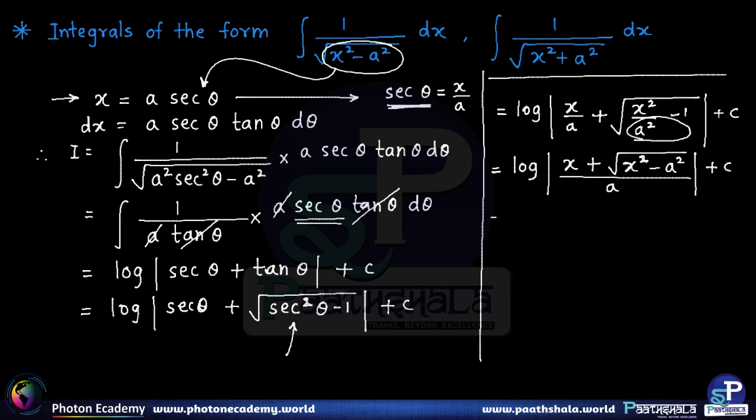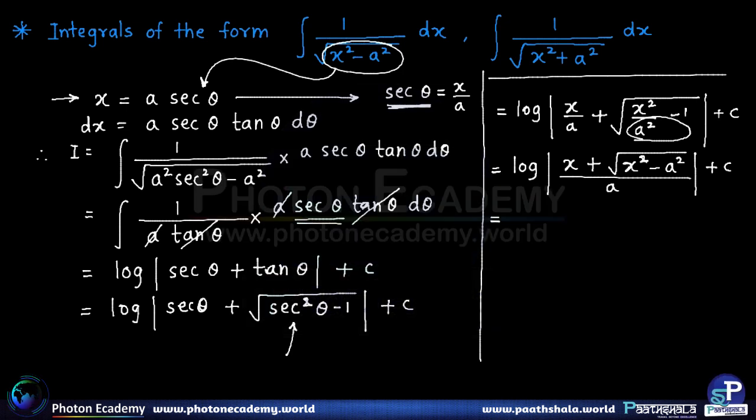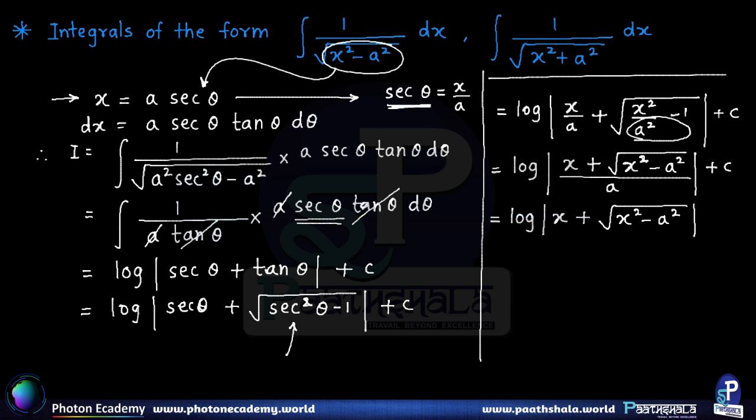Now simplifying that further, what we can do is, this is of the form log of x upon y, something like that. So since we have a division of the terms inside the log, we can break it as log of x plus root of x square minus a square inside the root, and then I can do minus of log a because that's the term in the denominator, plus c.